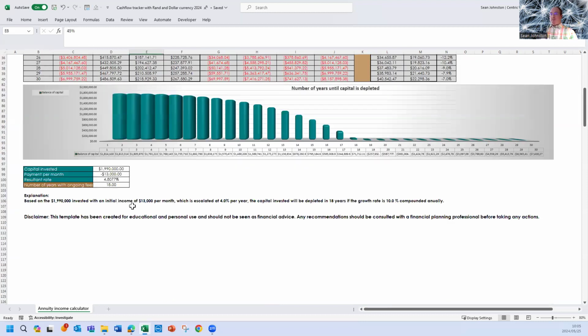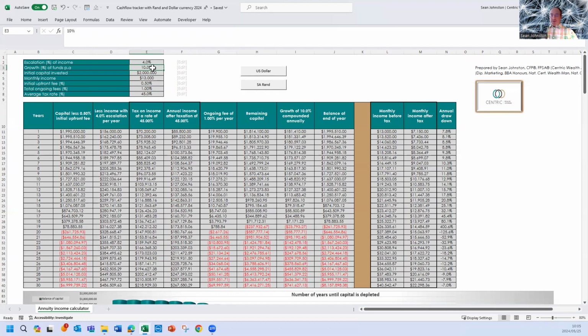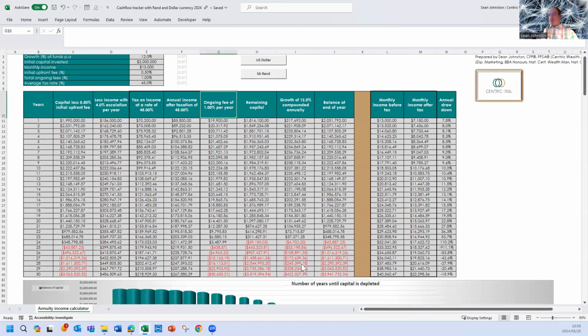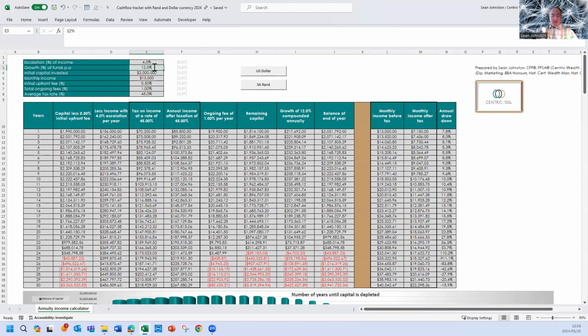There's an explanation at the bottom. So I've just said here, based on $1.9 million invested with initial income of $13,000 per month, which is escalated 4% per year, capital invested will deplete in 18 years if the growth rate is 10% compound. Any value change, it will update accordingly in the explanation. Some formulas are built in to do that.